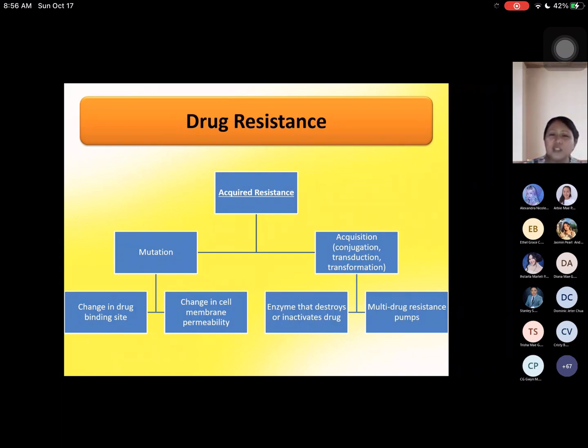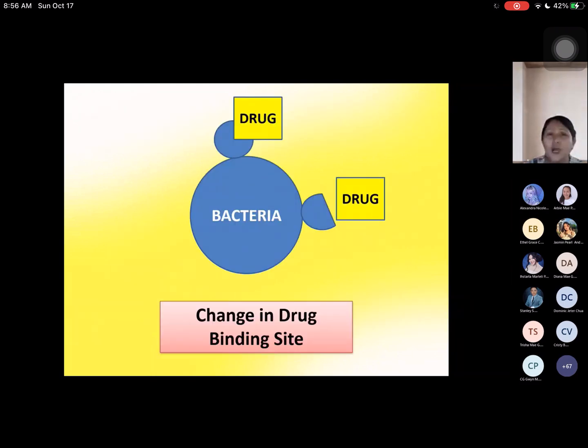For the change in drug binding sites, remember, the drug needs to be at the correct receptor in the binding site. So if they don't have this binding site, the drug will not be effective on the microorganism and they can be resistant to it.